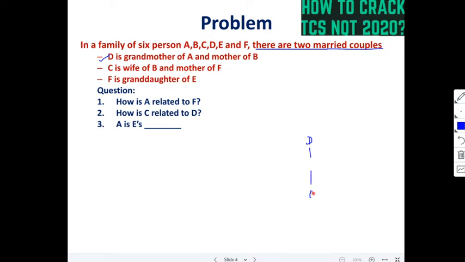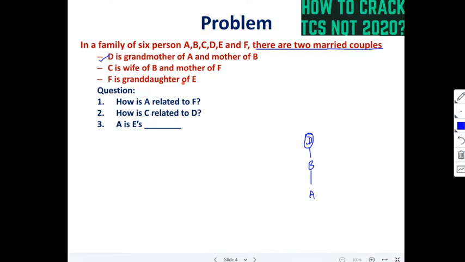So there is someone called A, and D is the grandmother of this A. Grandmother, so automatically she is a female, so encircling it. Now A is male or female, we don't know, and D is grandmother of A and mother of B. So I can fix B here. B's mother is D, A's grandmother is D.